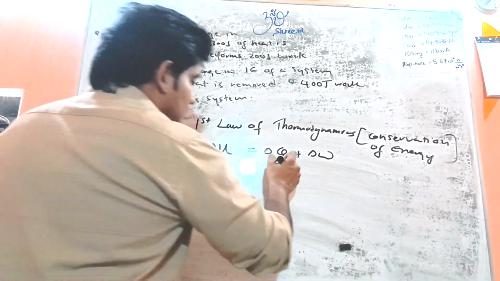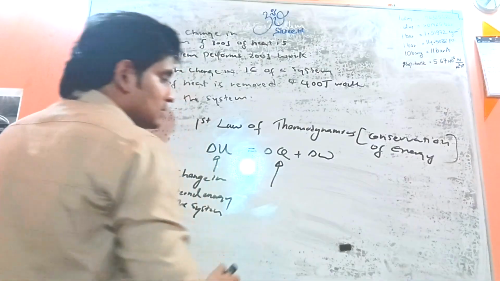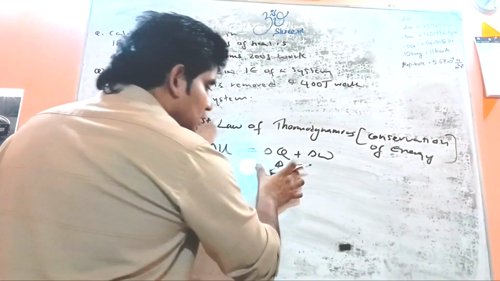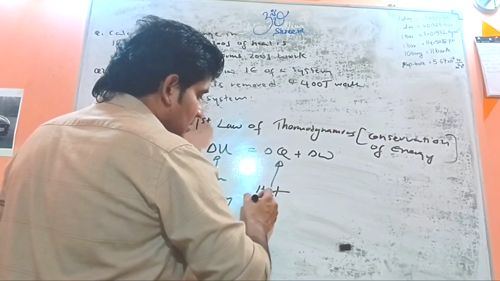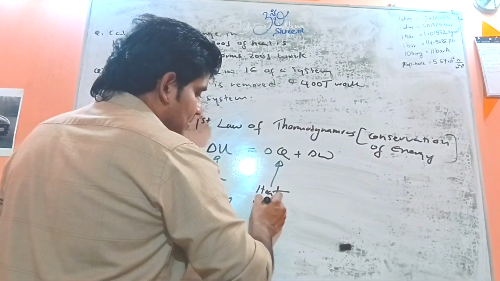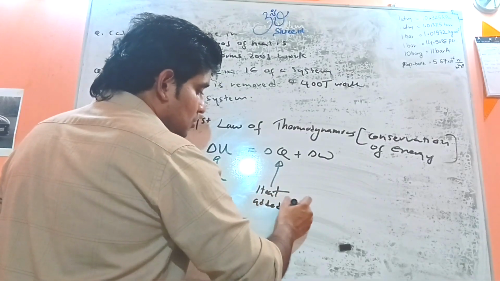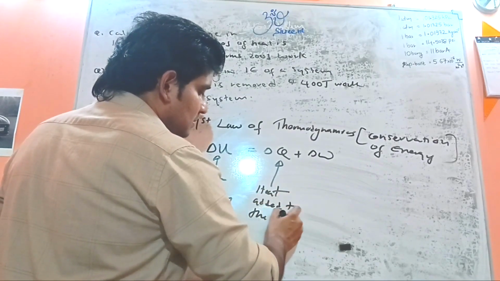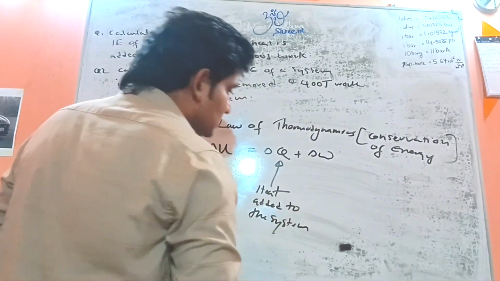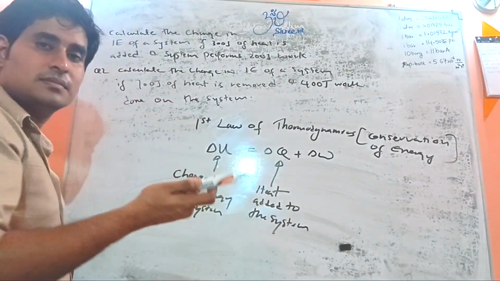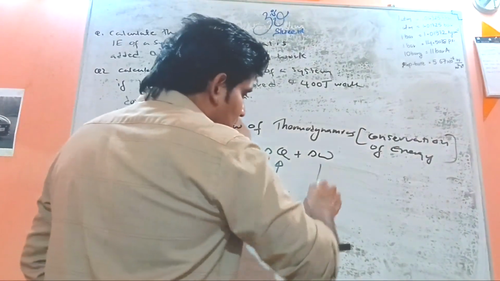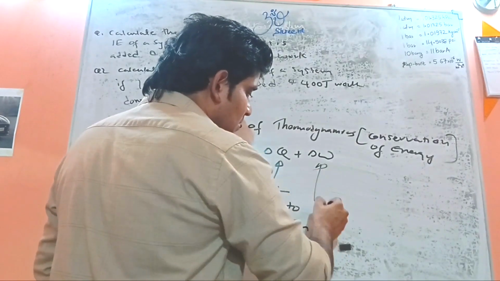What is delta Q? This delta Q is the heat added to the system, right? What is this? Delta Q, heat added to the system, all right? What is delta W?